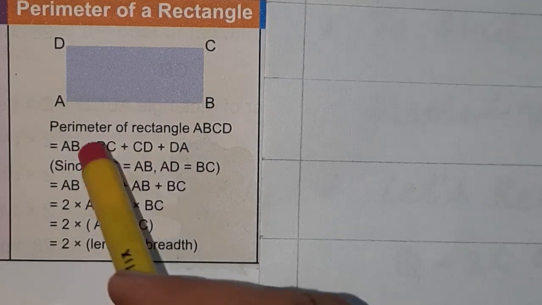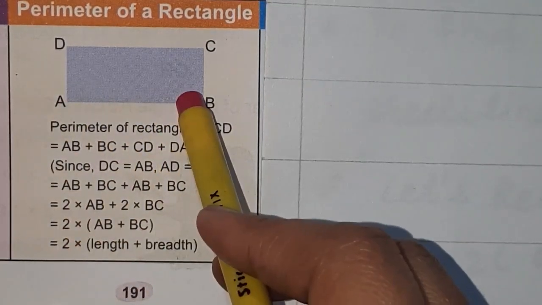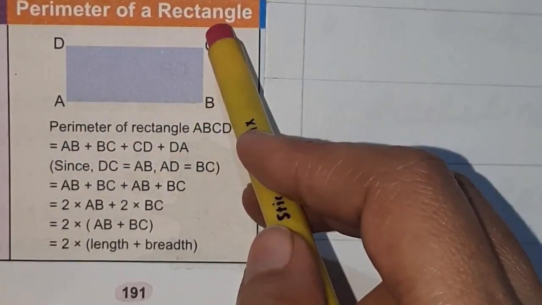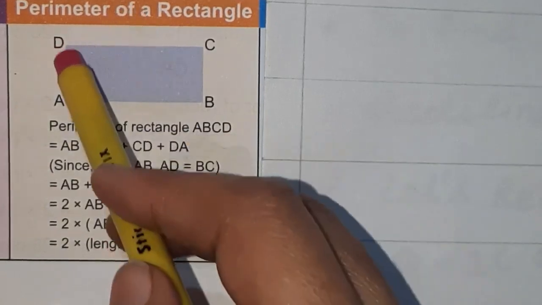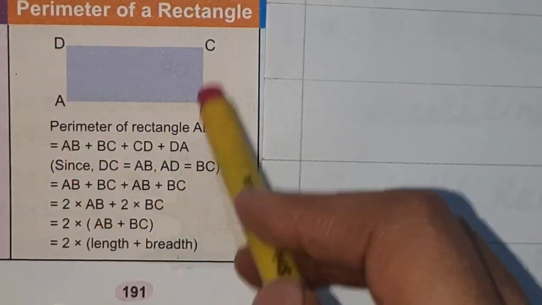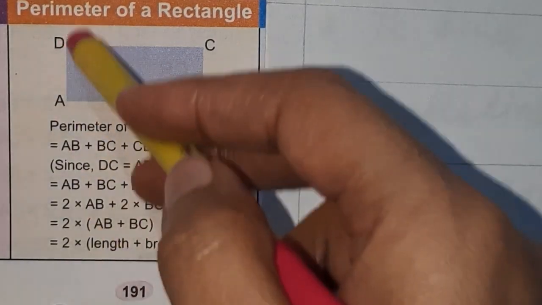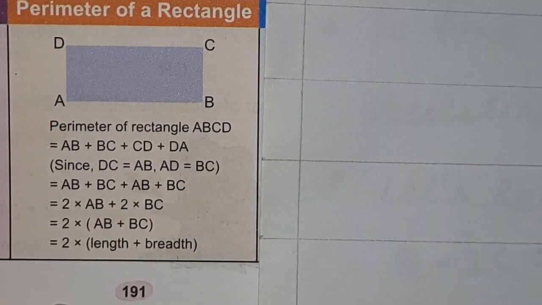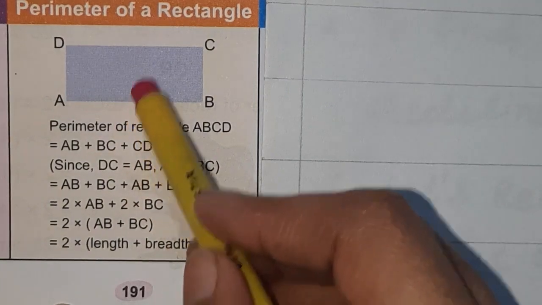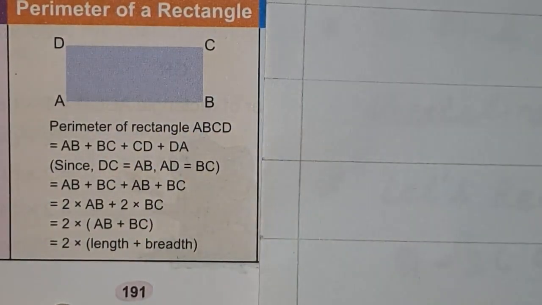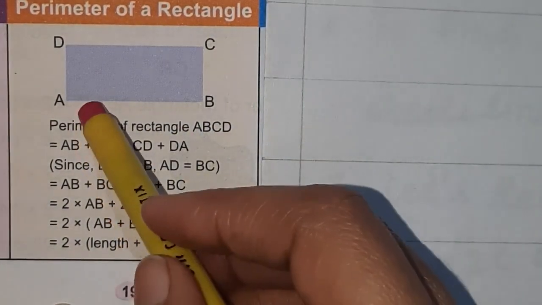So, we can write down AB plus BC plus AB plus CB, because BC is also same as AD, or we can say DA. Understood? Opposite sides are equal in the rectangle.